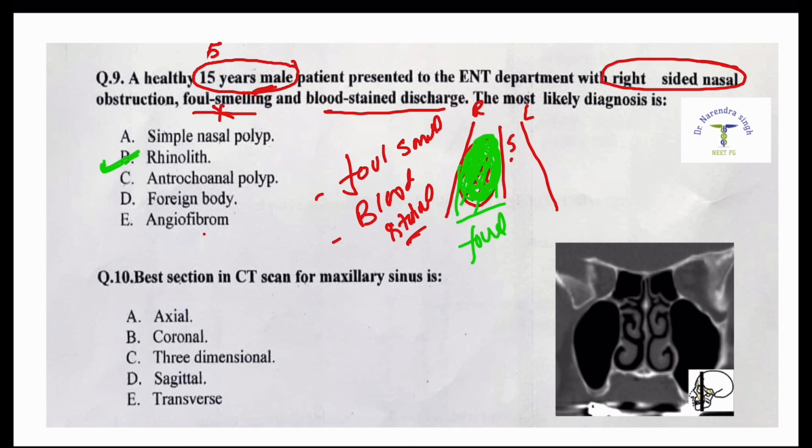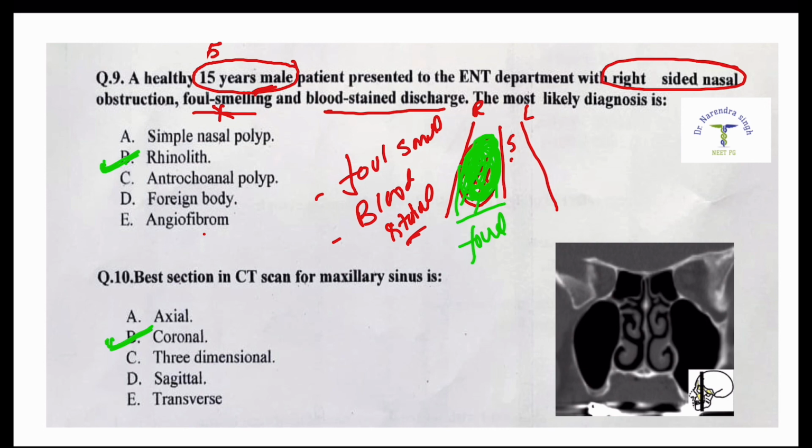Now question number 10, it asks the best section in CT scan for maxillary sinus. In every section of the CT scan we get one or other information about the structure, anatomy and the pathological condition of the paranasal sinuses. But for maxillary sinus, as shown in the diagram, the best cut is the coronal section.